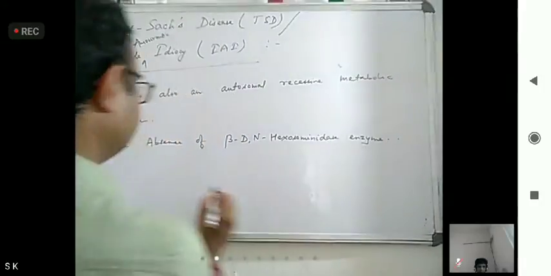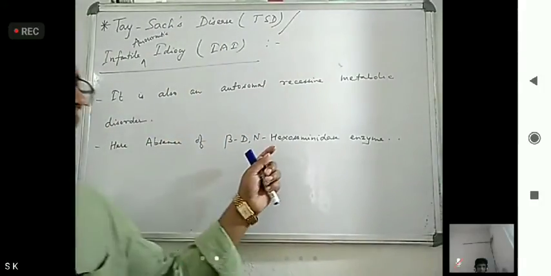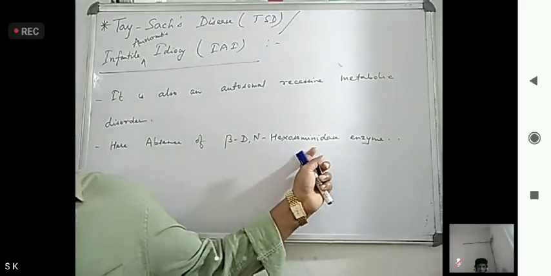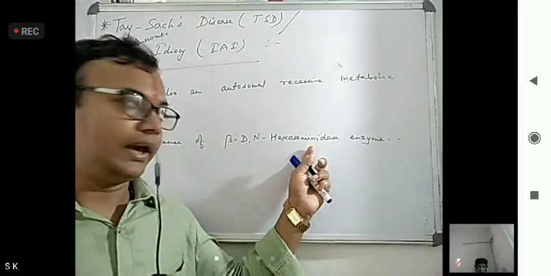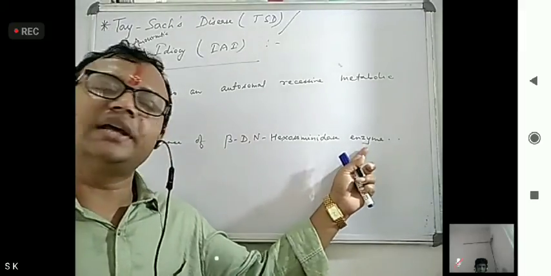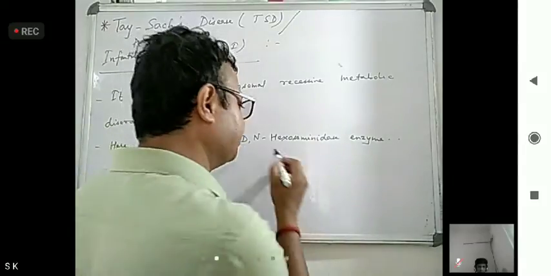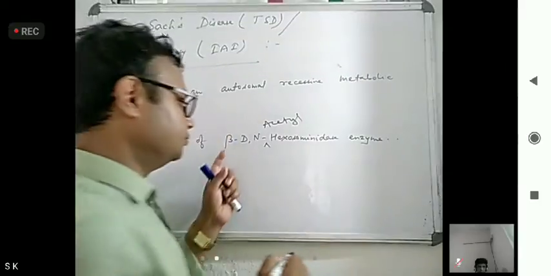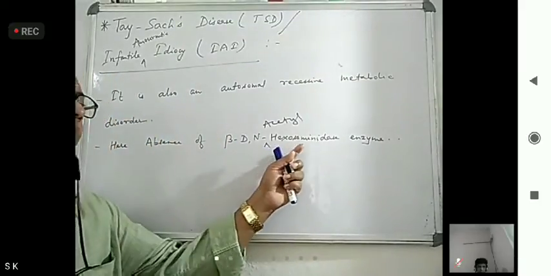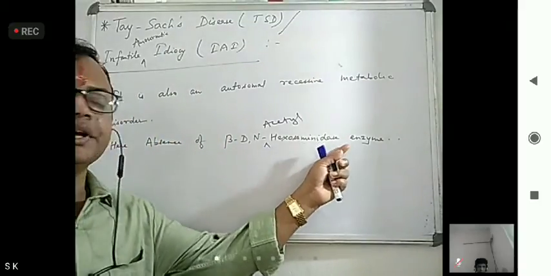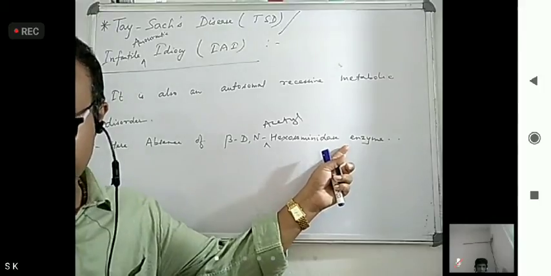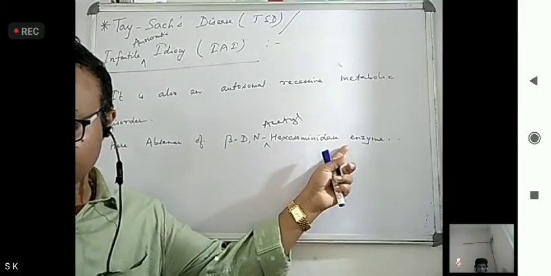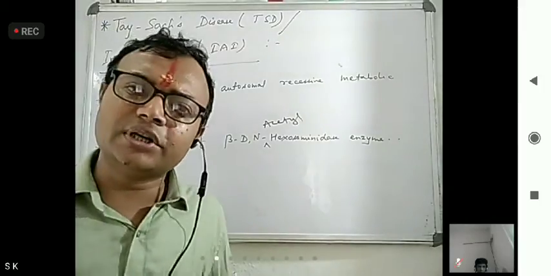Okay, what happens here? Absence of beta-N-acetylhexosaminidase enzyme, or if I tell in complete, its full name is acetyl. So beta-N-acetylhexosaminidase enzyme is deficient here, and due to that what happens?